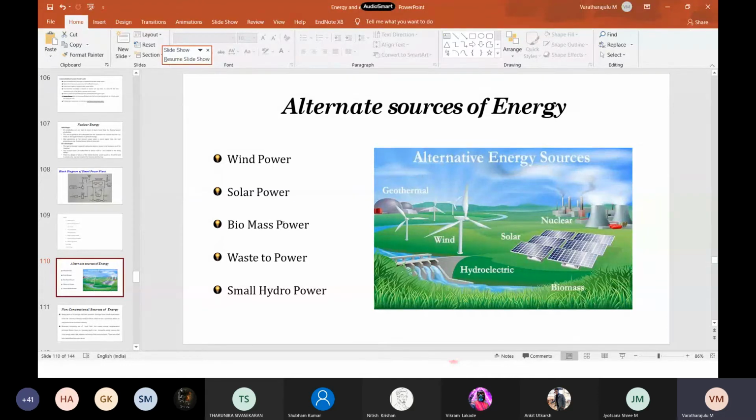Geothermal, 10,000 megawatt, and other non-conventional energy such as ocean thermal energy conversion, 8,000 megawatt. Biogas might be 10,000 megawatt, and direct energy conversion systems might produce 4,000 megawatt. These are some of the power potentials from renewable sources in India, and therefore we need to switch over from non-renewable to renewable.